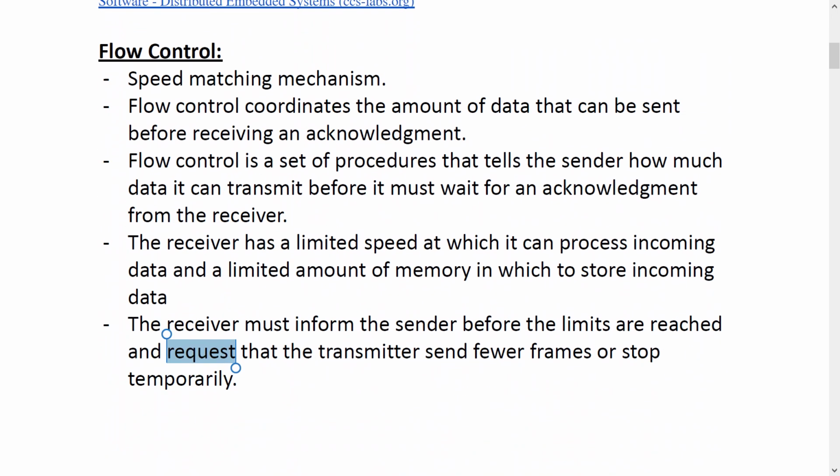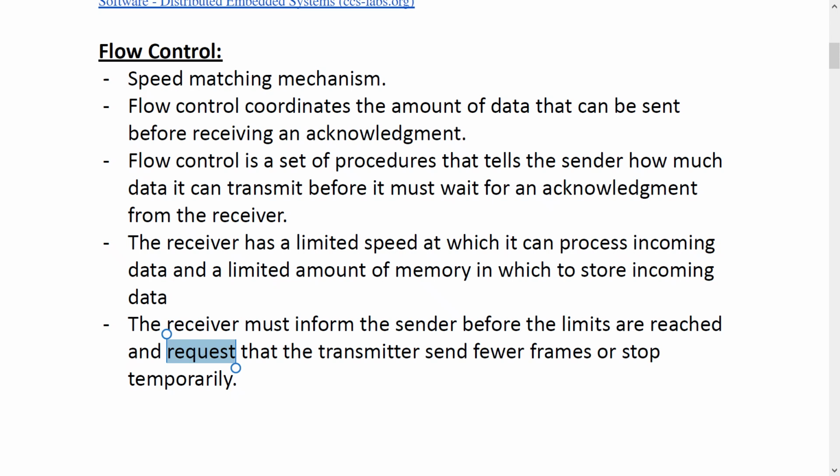So flow control. What's flow control? It's a speed matching mechanism. What do I mean by speed matching mechanism? Let's say there are three things when you are sending your data: the transmitter, the receiver, and the link.